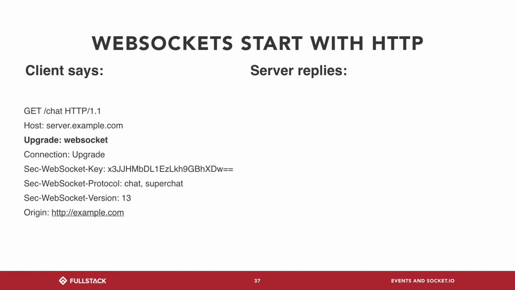HTTP is kind of a smart protocol in that it contained the ability to upgrade to another protocol to be defined later as part of a request. So a client can send a request that looks normal, except it has this upgrade header saying, hey, I want to stop speaking HTTP with you, and instead start speaking WebSocket.